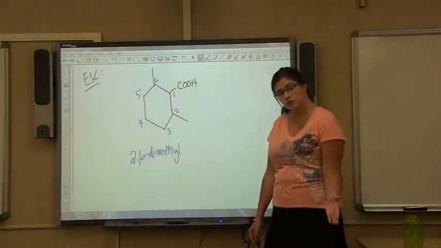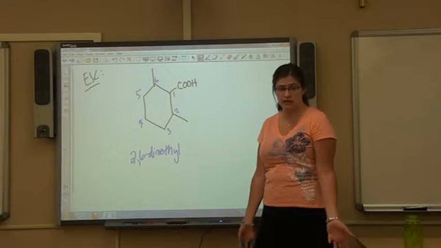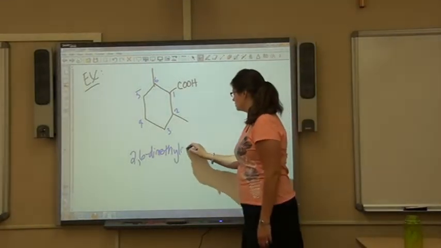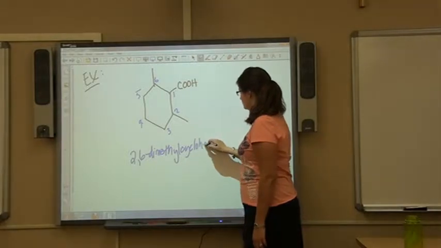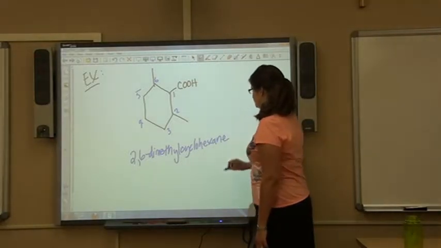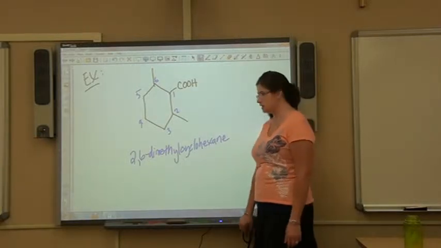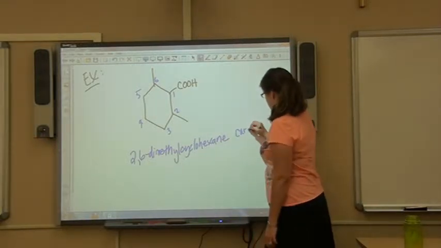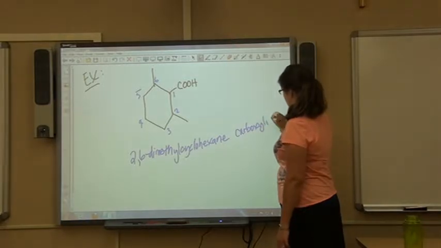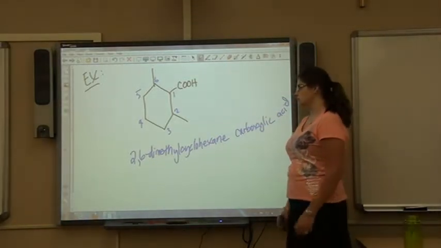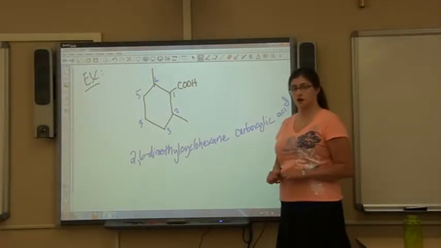And now we just remember, name that ring the way we would name it if it was just a plain alkane. So that'd be cyclohexane. And now, do you remember what you're supposed to add at the end? Carboxylic acid. 2,6-dimethyl cyclohexane carboxylic acid.